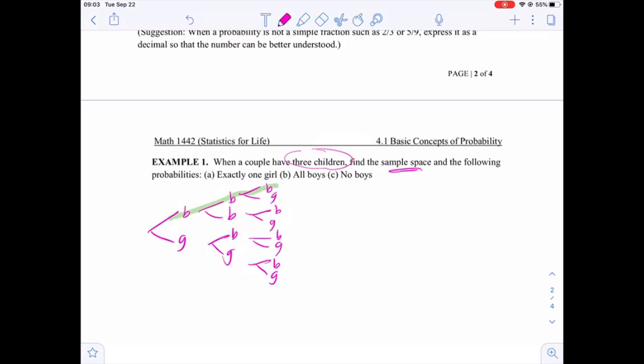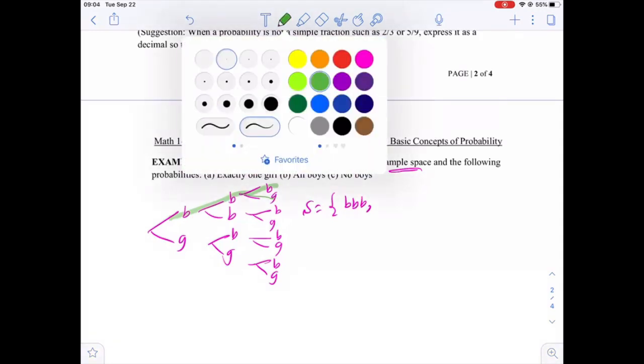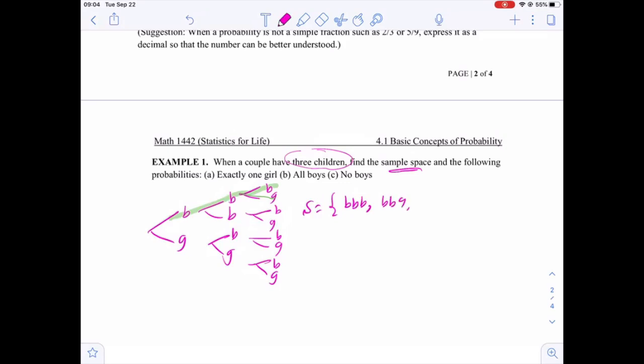So that's the sample space: boy boy boy, boy boy girl, boy girl boy, boy girl girl, girl boy boy, girl boy girl, girl girl boy, girl girl girl.